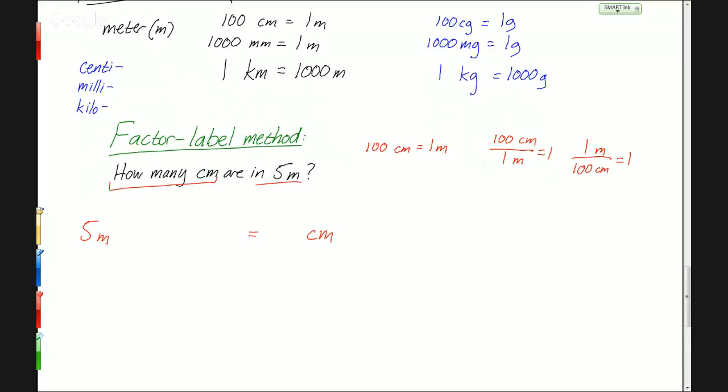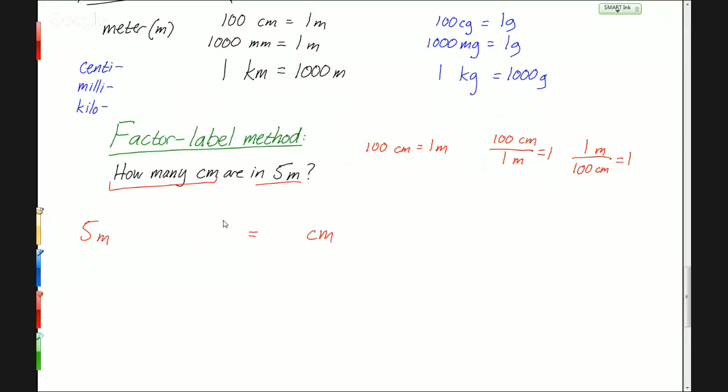Everybody with me so far? How we do this in this factor label method is by tracking the units, by getting rid of units that we don't want and getting units that we want in their place. So we would say, all right, I have meters here, and I want centimeters. So that means I need to get rid of meters and get centimeters.